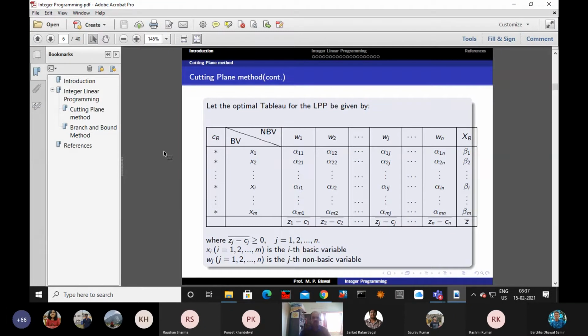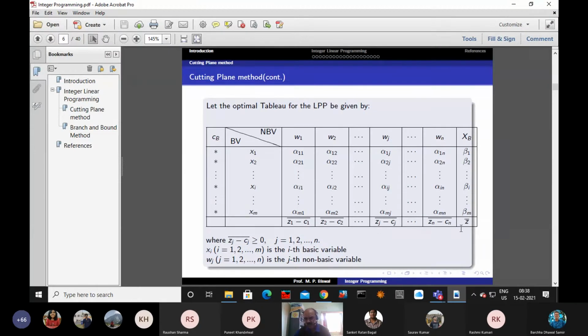With respect to this table, z1 minus c1, z2 minus c2, and so on, up to zn minus cn, these are the indicator row elements. If it is the optimal simplex table, then z1 minus c1 is non-negative, z2 minus c2 non-negative, zj minus cj non-negative, and zn minus cn non-negative.